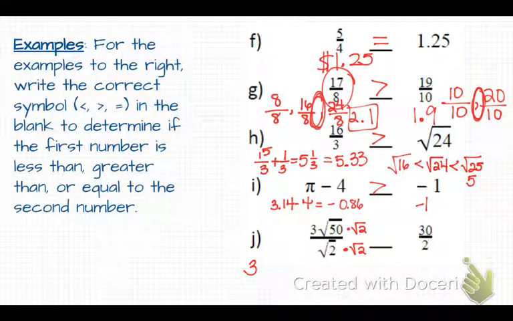So what is 50 times 2? Okay, what's the square root of 2 times the square root of 2? That is the square root of 4, which is 2. And what is the square root of 100? 10.